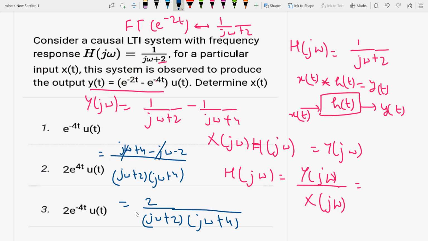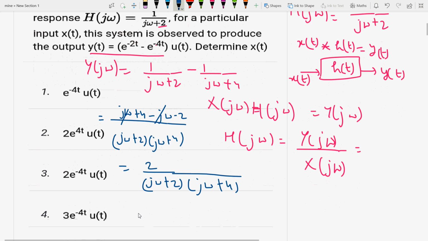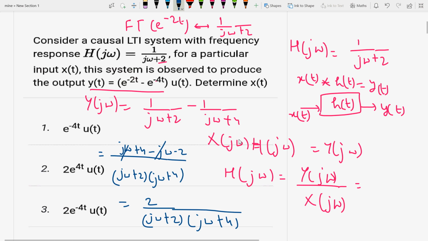Now what you have to do, you have to calculate, what you have given, you have given this function Y and H. Now you have to calculate this. So this will be X(jω) and this is H. Now H is 1/(jω+2). So what will happen?